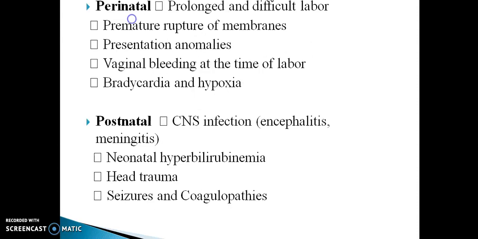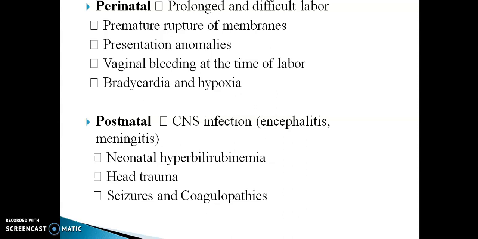Now perinatal means during delivery or the course of labor. Prolonged and difficult labor is a cause for cerebral palsy.